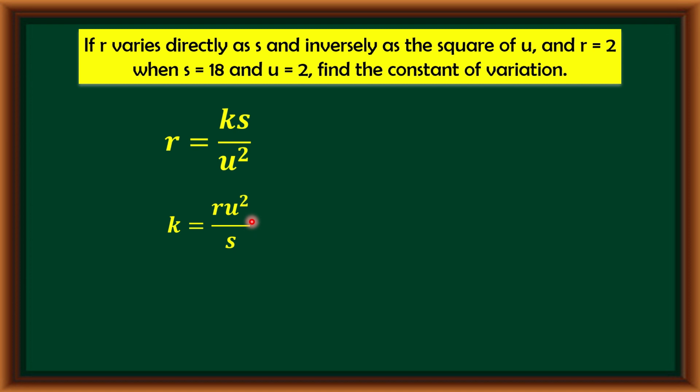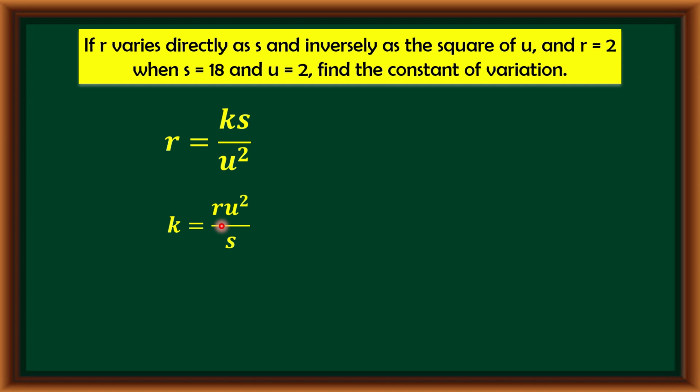For you to easily remember how to get the equation for the constant, we just simply multiply the variables at the left side of our equal sign and the denominator, which will be the new numerator. So we have here r u squared. And the other variable beside k will be the denominator for this equation.